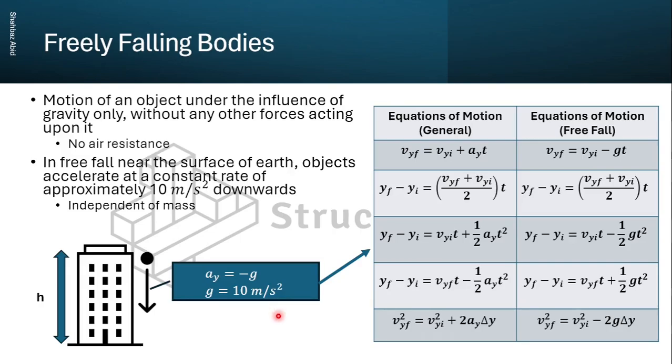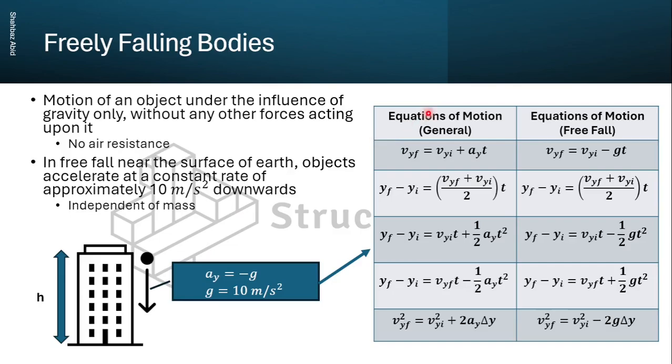Since it is acting downward, we are going to denote this as negative g in the acceleration. The motion is independent of mass as well, so any mass will have the constant acceleration that is due to gravity.